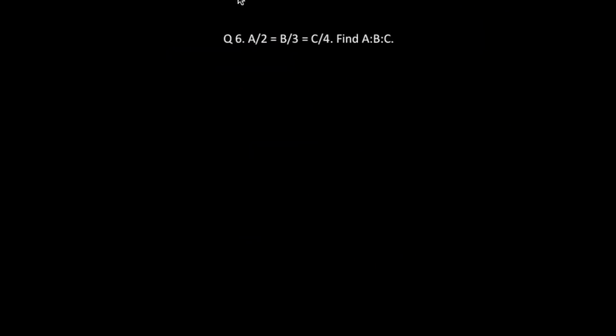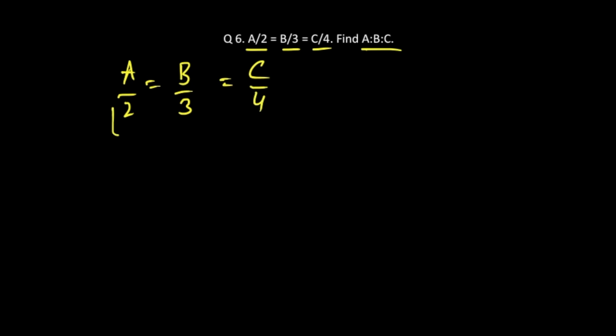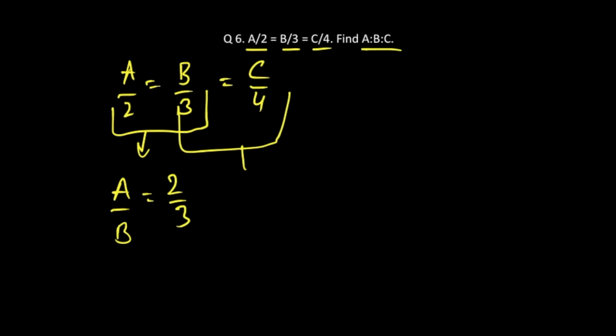Okay, so in question number 6 we are given this particular expression, that is a by 2 is equal to b by 3 equal to c by 4, and we are supposed to find a is to b is to c. By taking this expression into consideration, you can write a by b as 2 by 3, and by taking this expression into consideration, you can write b by c equal to 3 by 4.